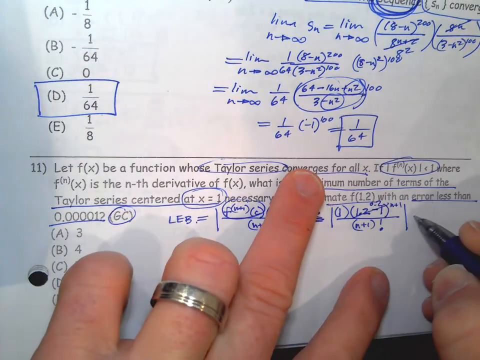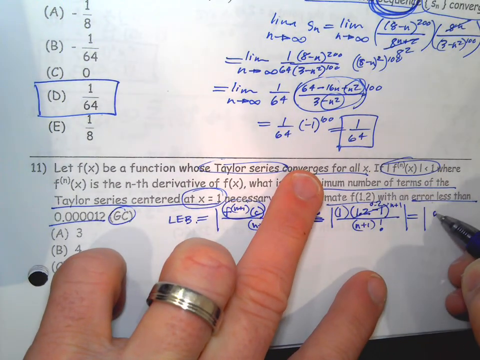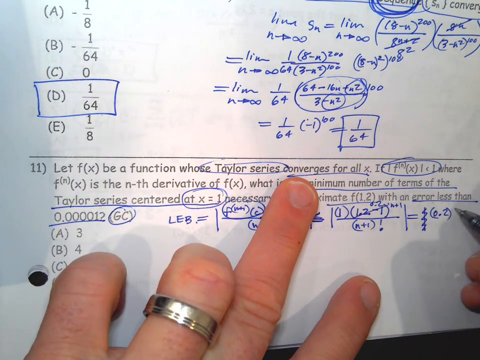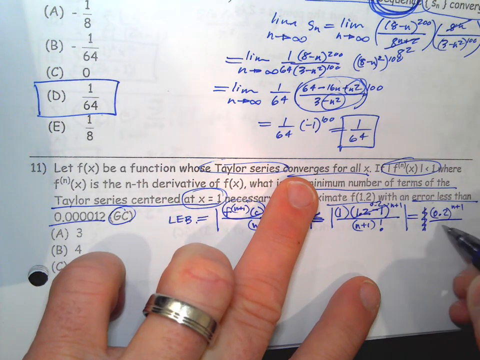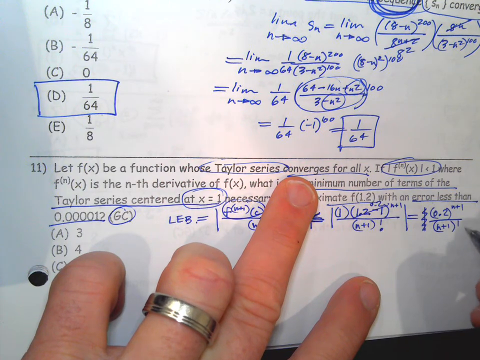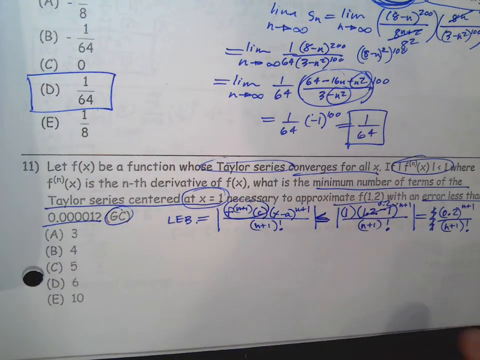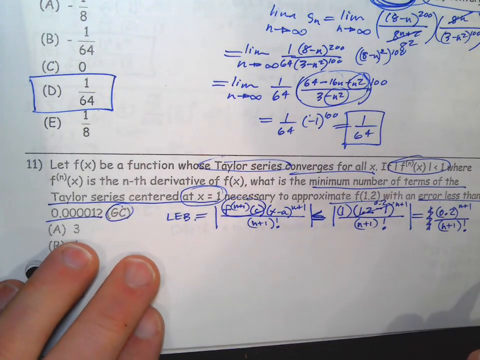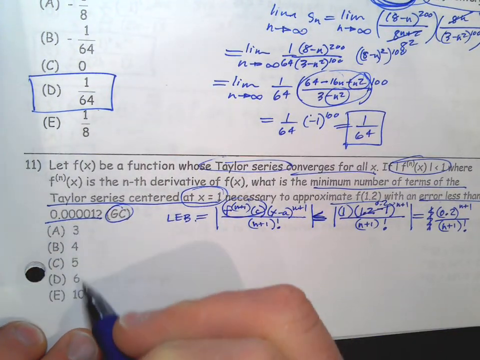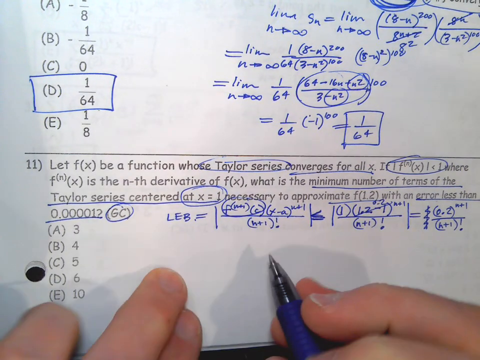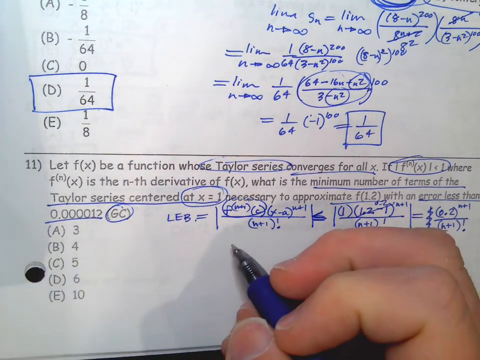We could write this even simpler. It's going to be 0.2, and we could drop the absolute values because we know it's going to be positive at this point. So I've gotten it down to that. That's our Lagrange error bound for whatever n is. They don't even give you n equals 0, 1, or 2, so they don't give you first, second, or third order.